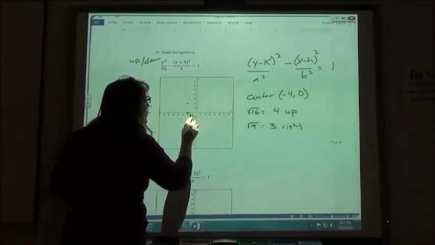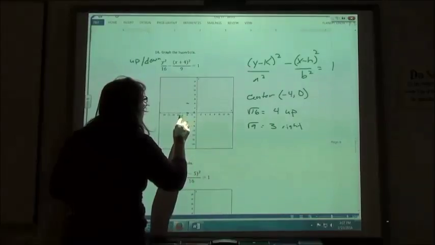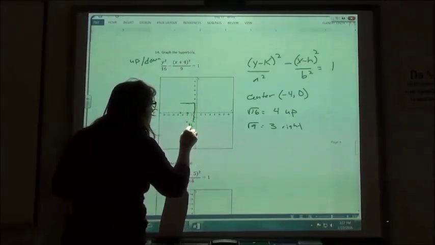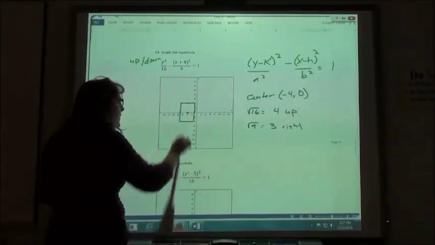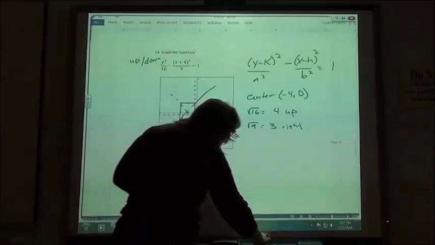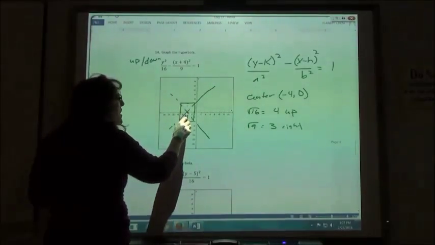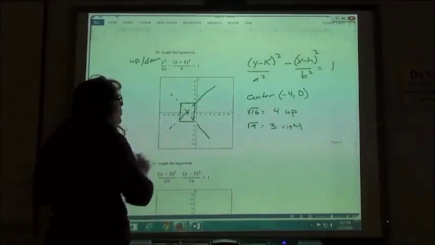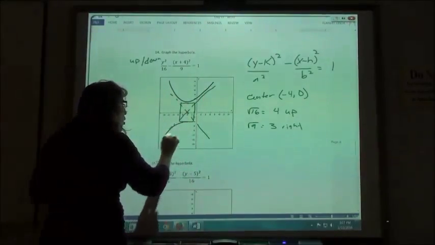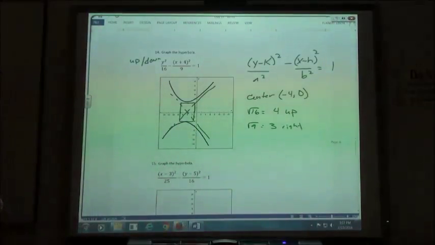I'm going to go 1, 2, 3 to the right, 1, 2, 3 to the left, and my rectangle is going to look something sort of like that. So on Alex, when you draw that, you have to do the 4 up first, then draw the rectangle by going 3 to the right, and your hyperbola is going to open going up and down, sort of like that.